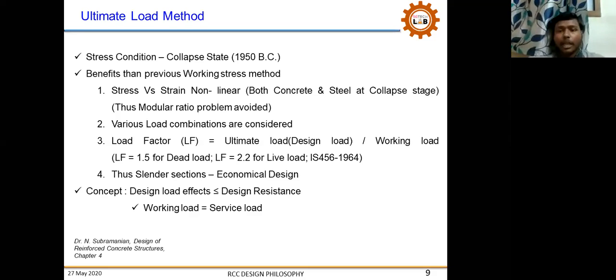But every time you want to slow down the car, you cannot pull the handbrake. There has to be some other mechanism. The collapse state is also like that. They have only seen the ultimate stage. So they are taking the ultimate load, not considering all those working loads. That was a mistake they have considered and are overcoming.